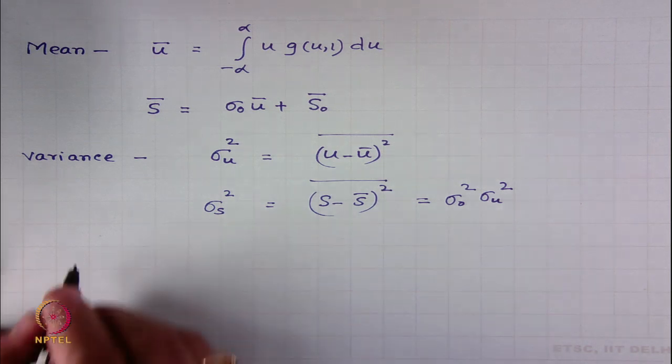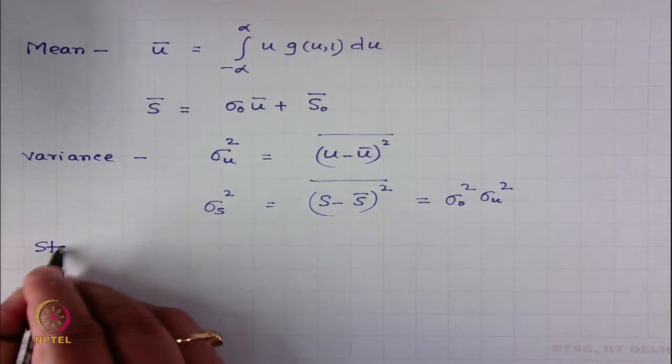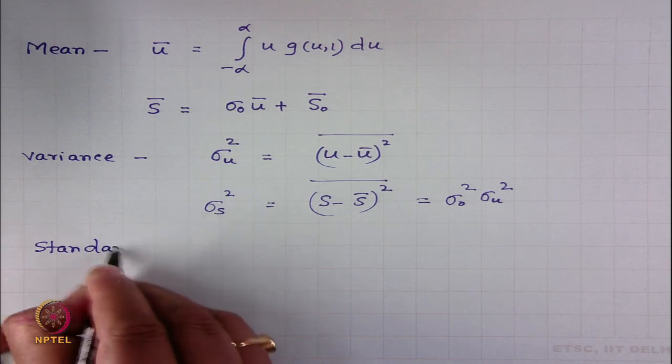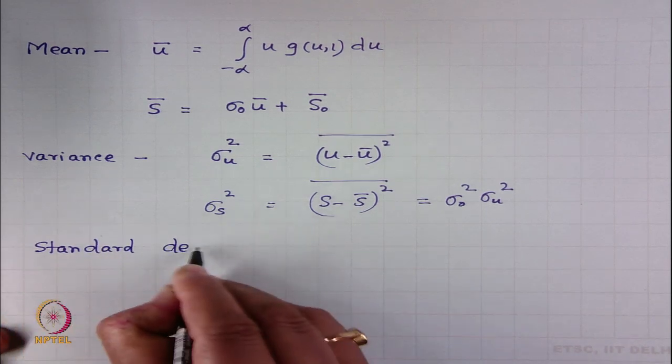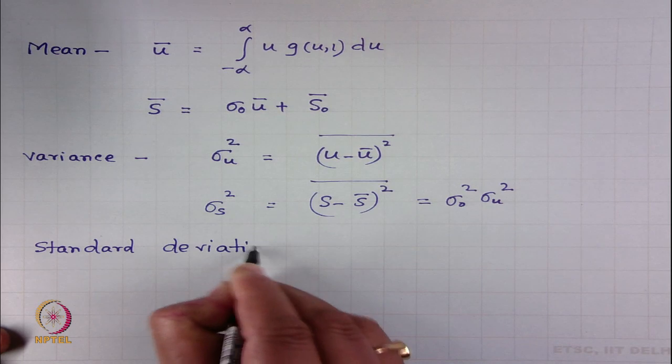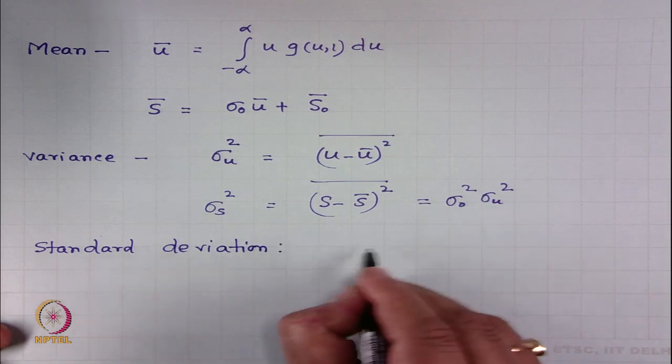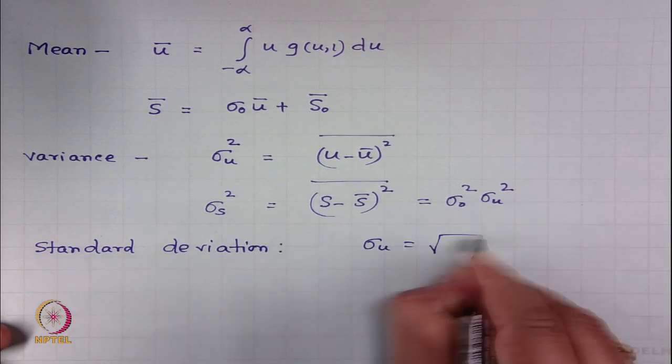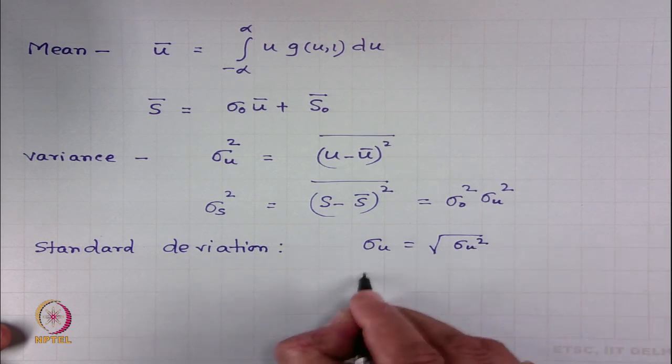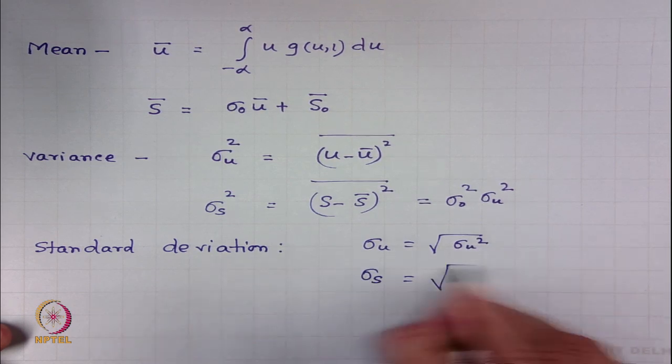Then standard deviation is the positive square root of variance. Sigma u is this, sigma s is the other.